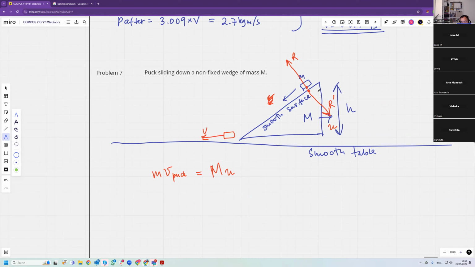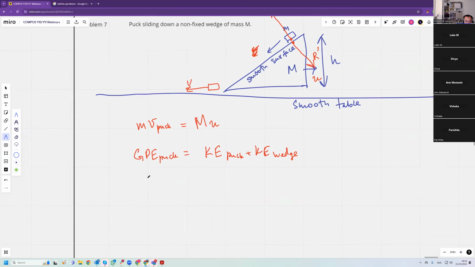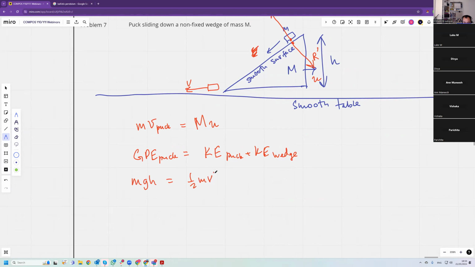But now, where does the energy come from? Well, the energy comes from the gravitational potential energy. So the gravitational potential energy of the puck at the beginning has to equal the kinetic energy of the puck plus the kinetic energy of the wedge. So mgh equals 1/2 mv squared plus 1/2 M u squared.